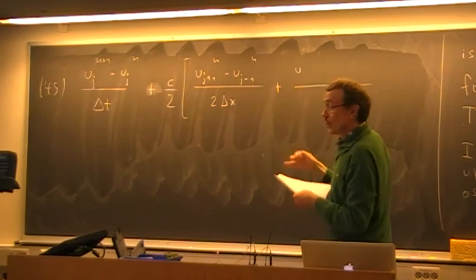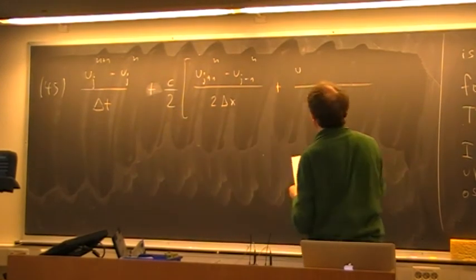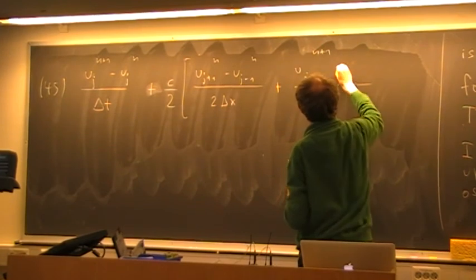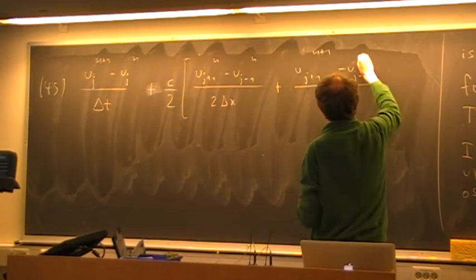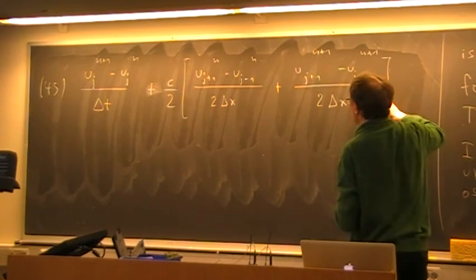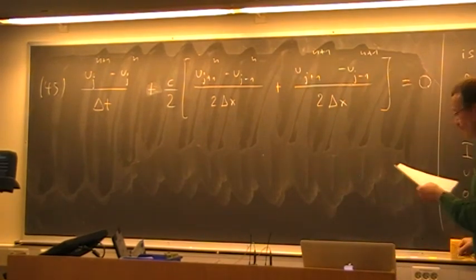Then we take the average, therefore we get here the 2. Plus u_{j+1}^{n+1} minus u_{j-1}^{n+1} divided by 2 delta x. And that is equal to 0.